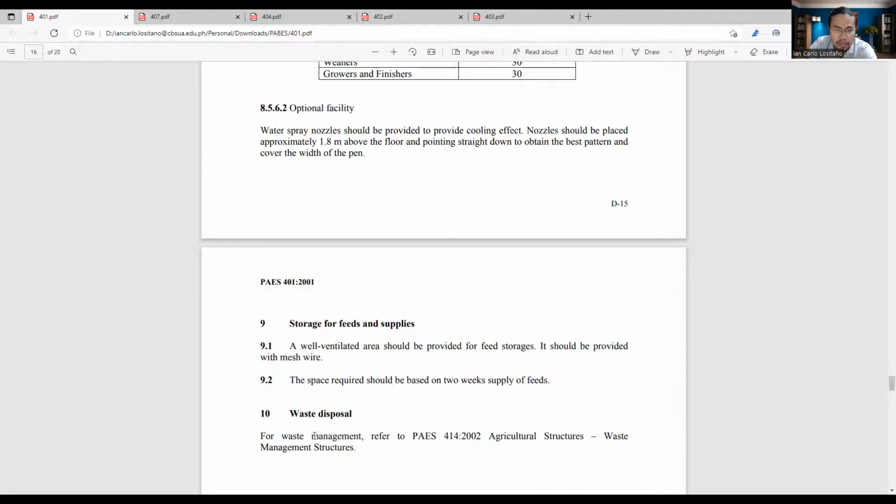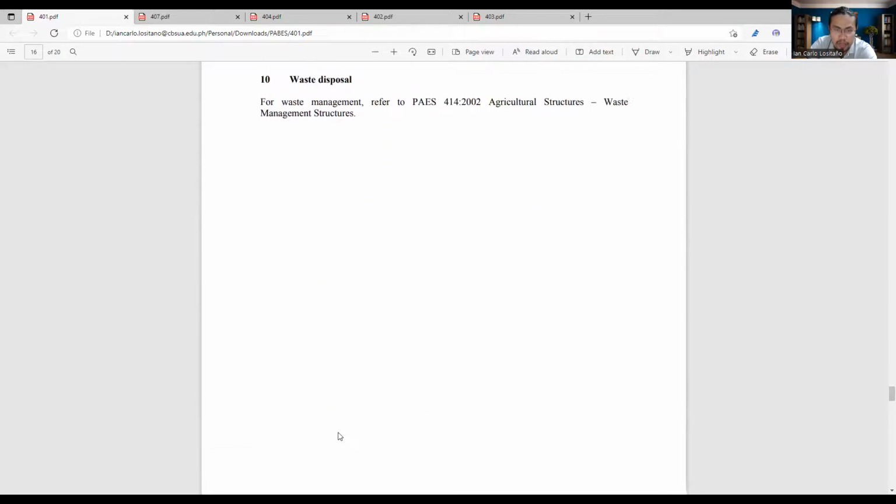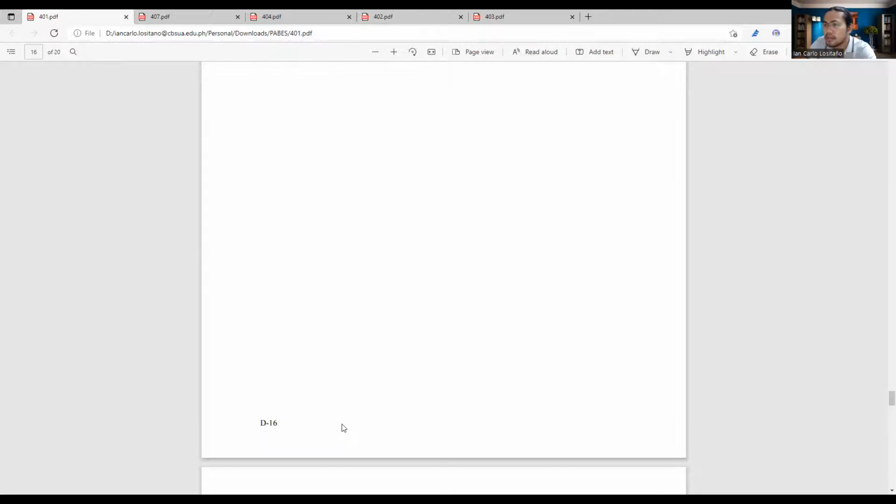And then lastly, for waste disposal, this is pertaining to the AS 414, which is on waste management structures, and to be discussed later in 2 weeks' time.